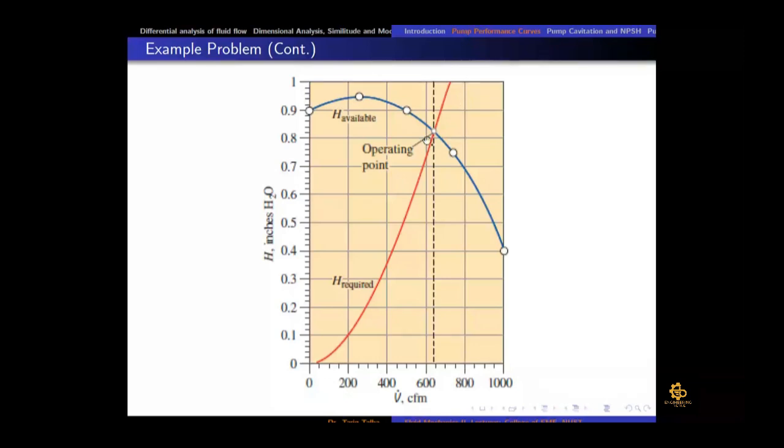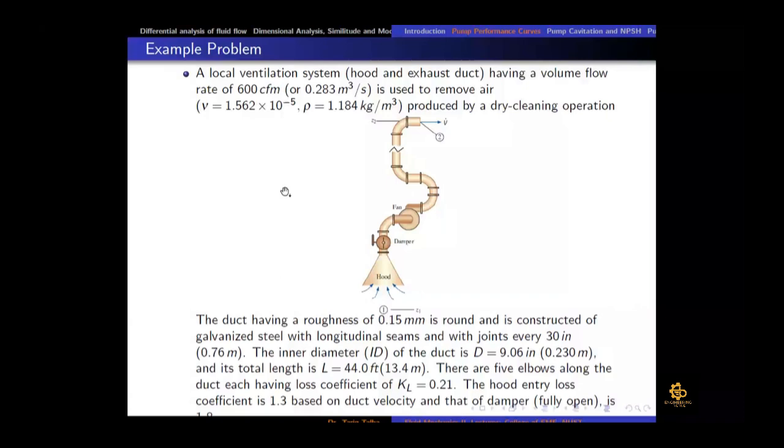Then when we do this calculation at different volume flow rates, we can draw this curve and find the intersection point of the available head with the required head. Now, the volume flow rate for the given fan is, as the problem data tells us, 600 cubic feet per minute.